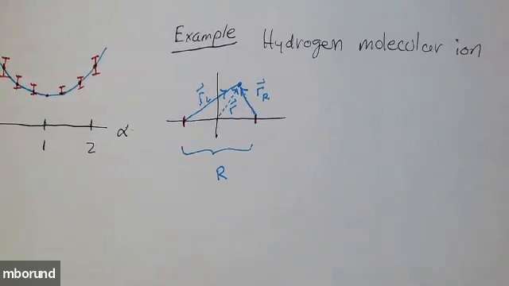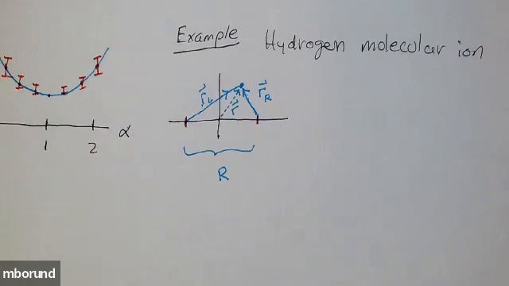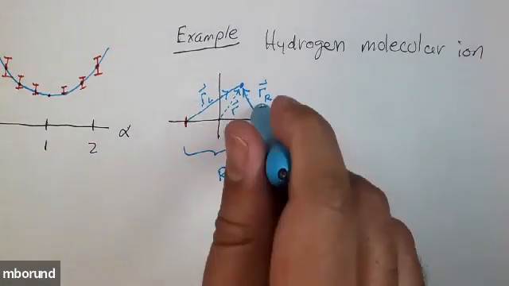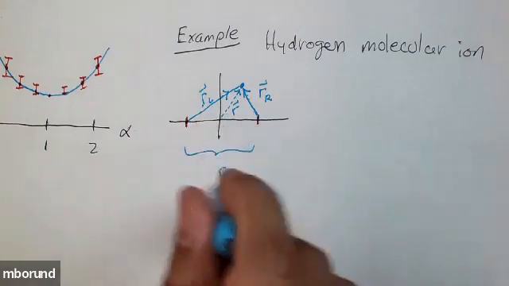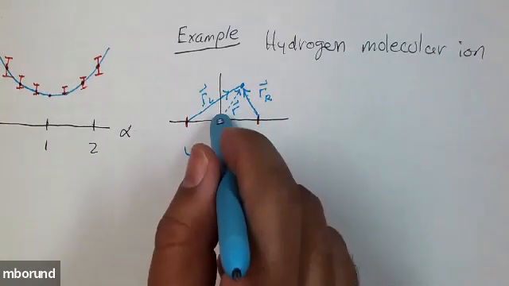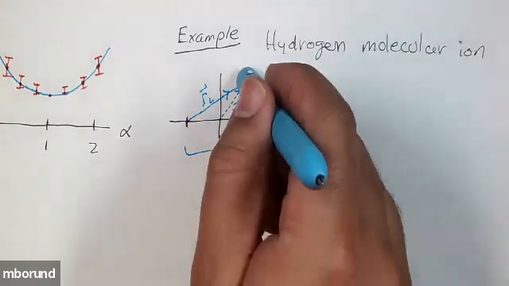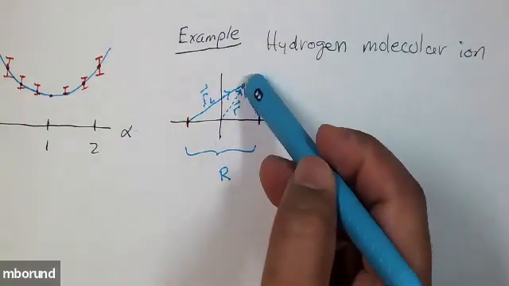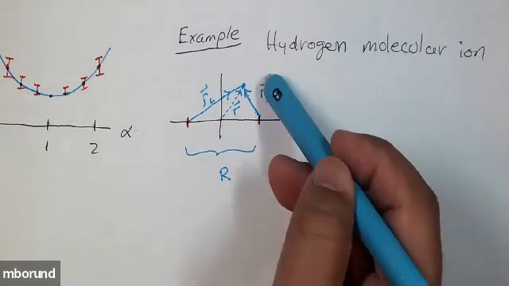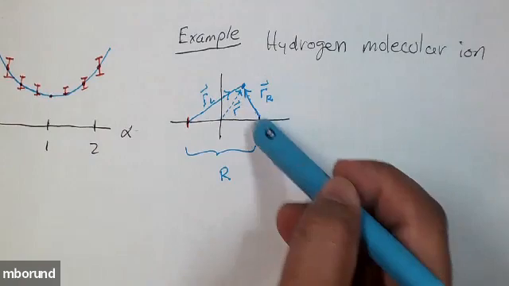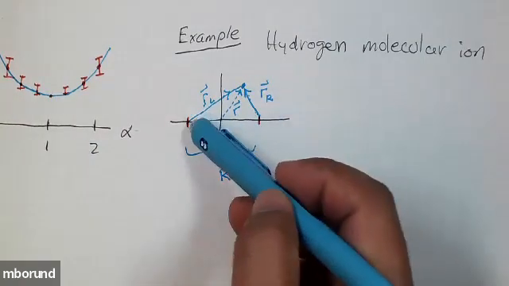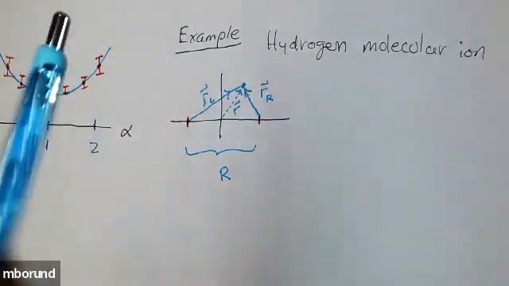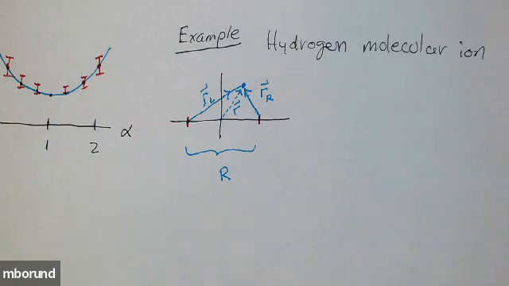We have that the two protons are separated by a distance R. The electron that is located here is R_R away from this one and R_L away from this one. So those would be our two vectors, right?